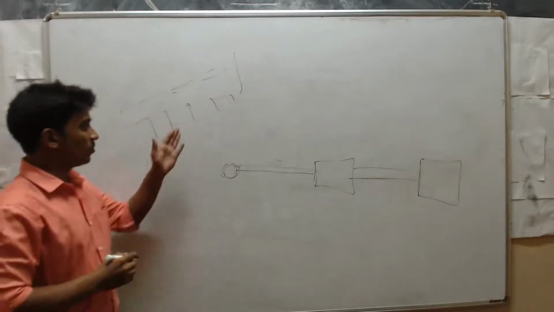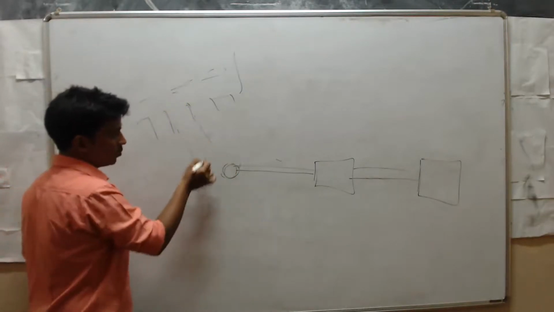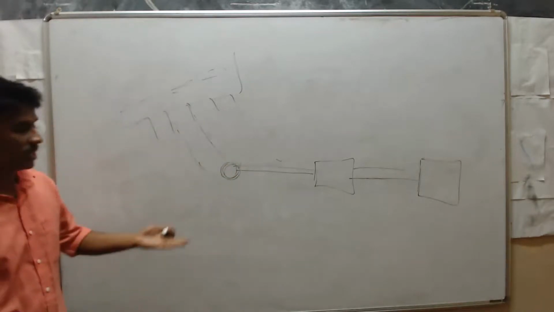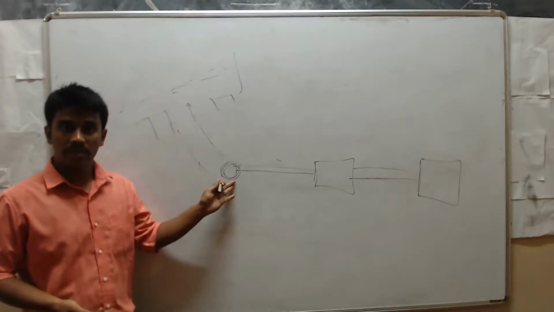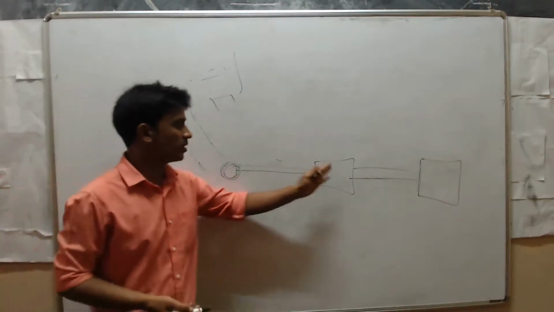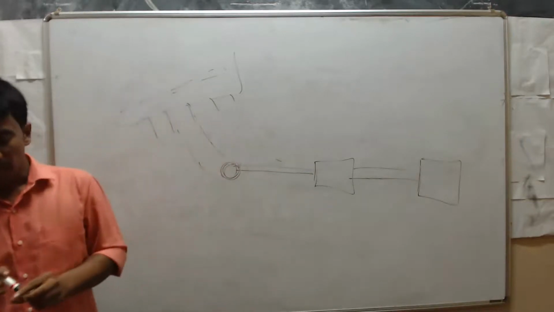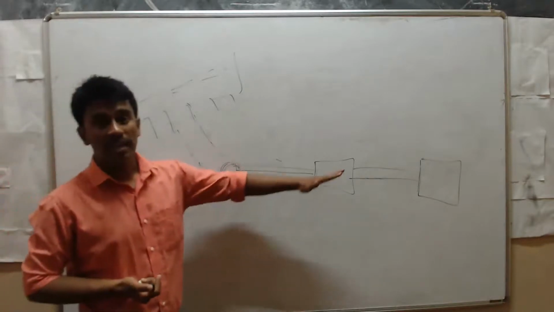That water will come with a huge amount of force. In the path of that water, if you keep a turbine, what will happen? Once again, the water rotates the turbine. Same as before, this turbine is connected to a generator and a transformer. So here we use that water motion or water flow just to generate electricity.